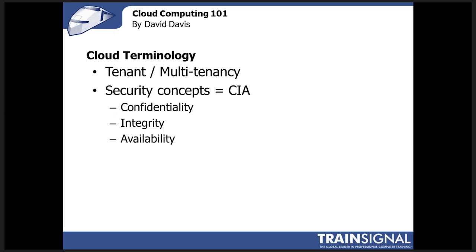Here's a few others. Tenant, or multi-tenancy. A tenant is, if you think of an apartment building or a condominium complex, you've got tenants who live in there, right? They're the people who rent out or lease out those apartments or those condominiums. So a public cloud, or even a private cloud, really needs to offer multi-tenancy.